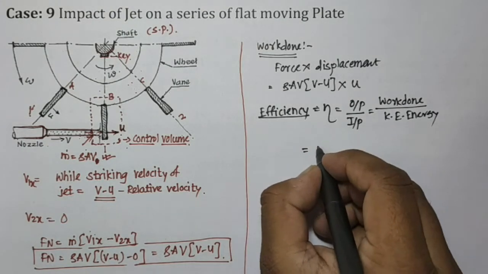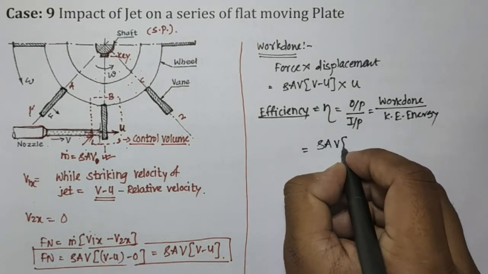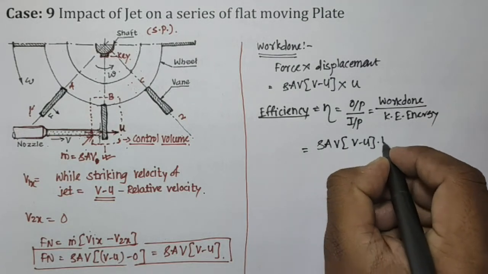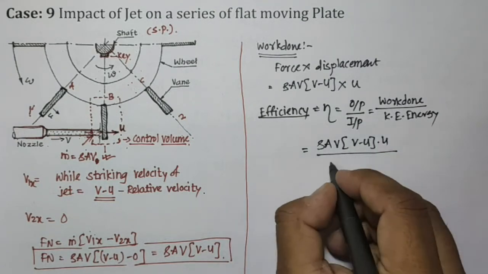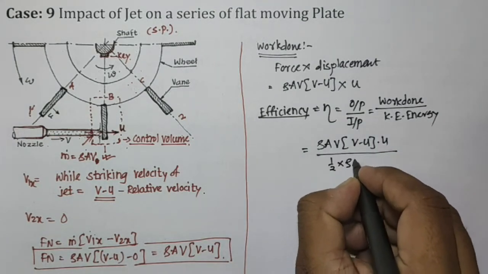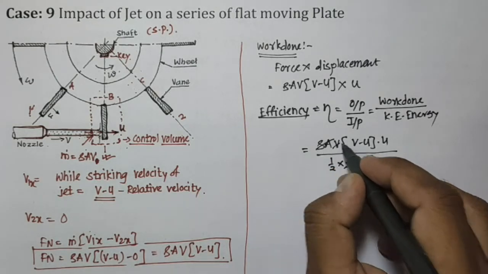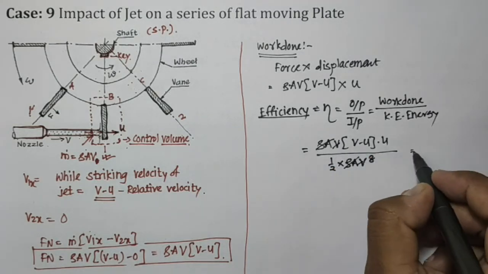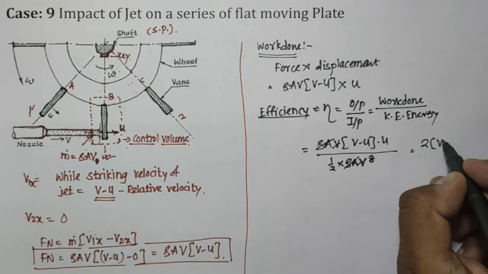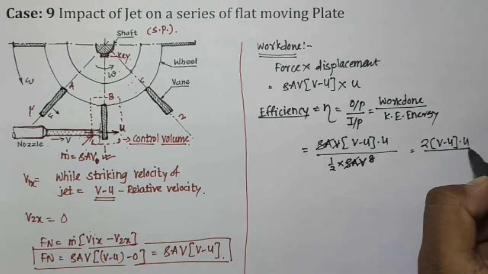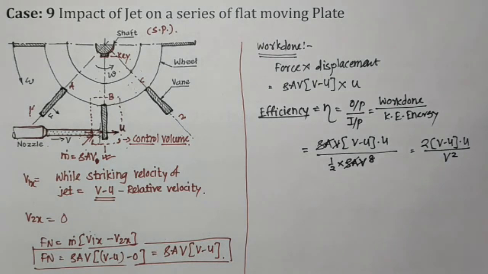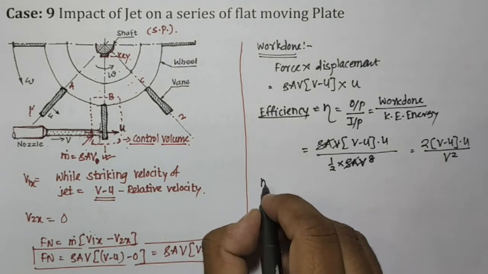So efficiency is equal to rho a v (v minus u) into u divided by 1/2 rho a v cube. Rho a v and these terms cancel out, and we get 2 (v minus u) into u divided by v square, which is the efficiency of the jet. Now maximum work done.